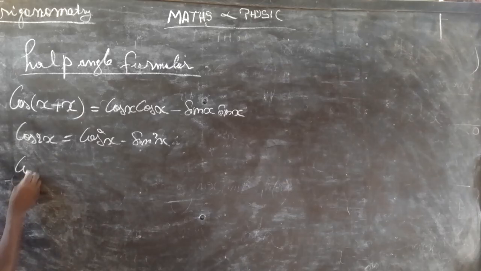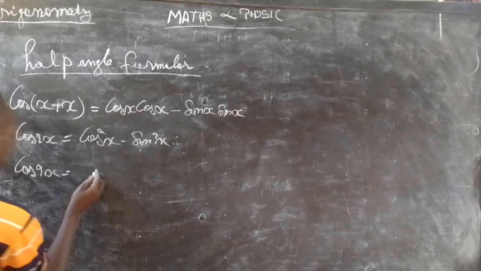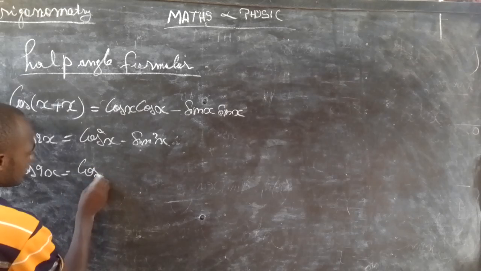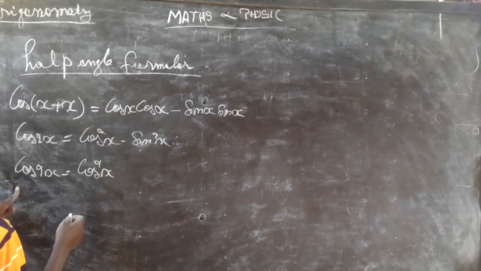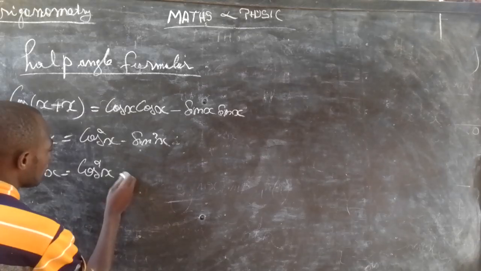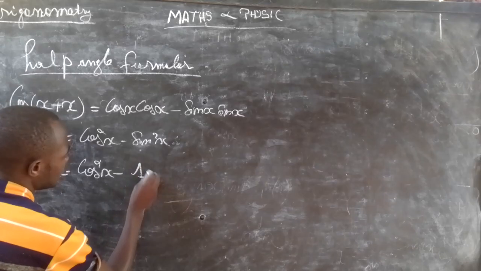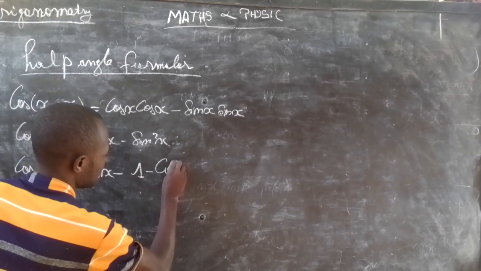So cosine of 2x is equal to cosine square x. We know from our fundamental equations that we have 1 negative cosine square.